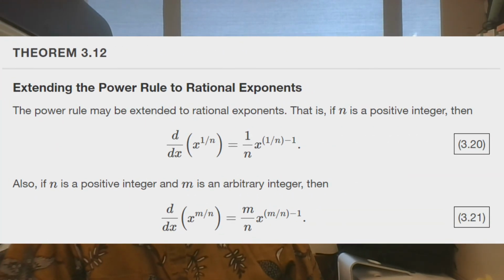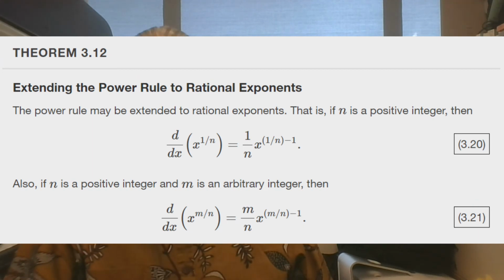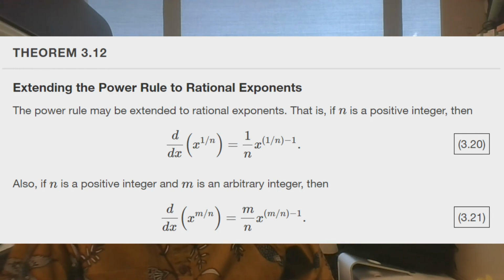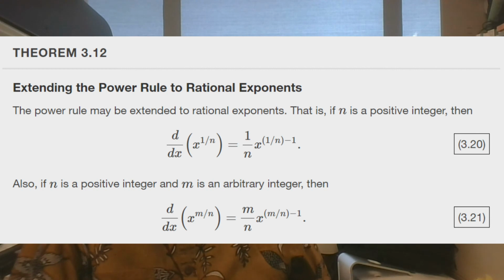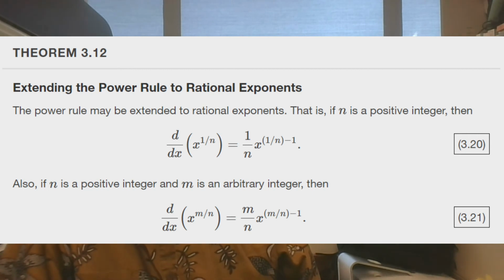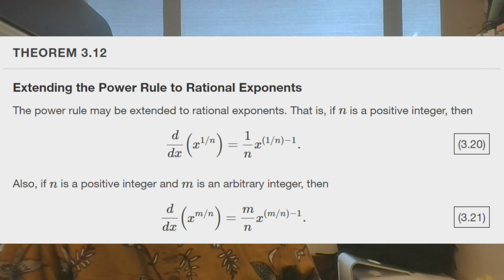And then a couple of sections ago, when we started to do the implicit function theorem, we were able to do x to the 1 over n, or x to the m over n. So x to some power where the power is a rational number. And again, we see the same formula.